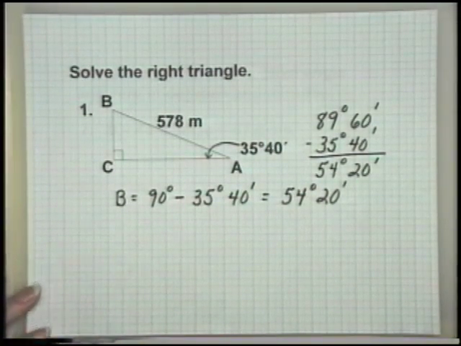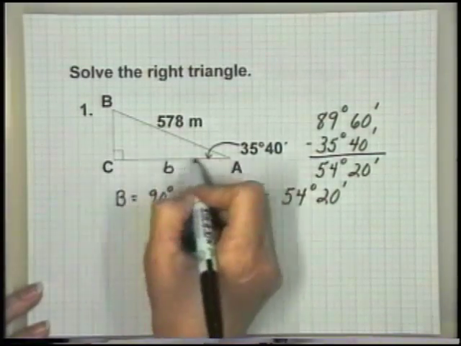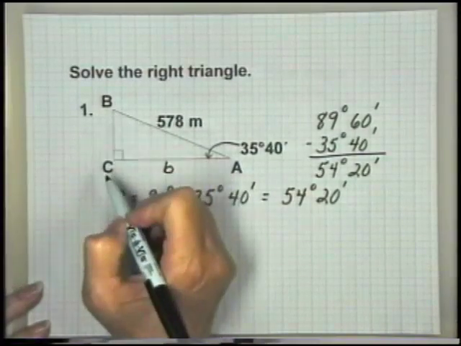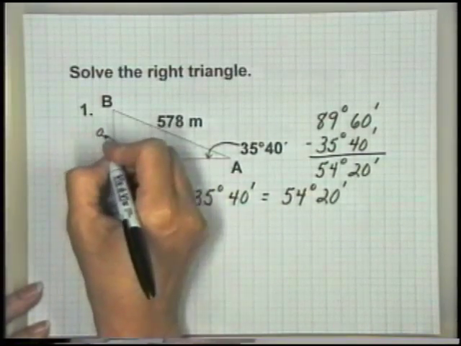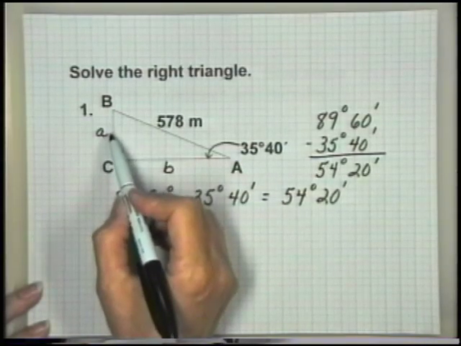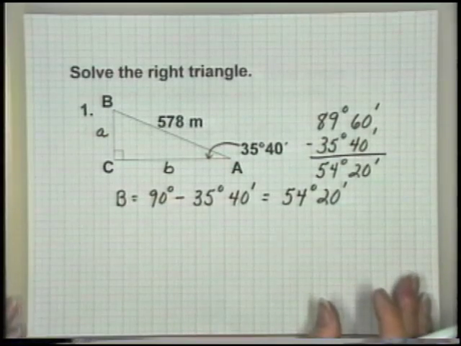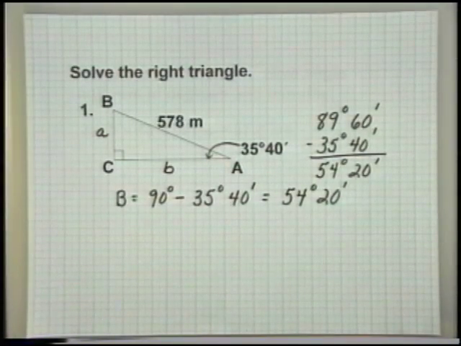So we have one thing. The other two things we need to find here is we need to find side B, which will be little letter b across from angle B, and side A, which we'll label as little letter a because it's the side opposite or across from angle A. Now it really doesn't matter which side we find next.